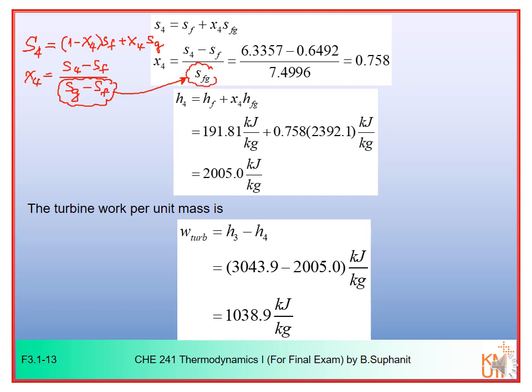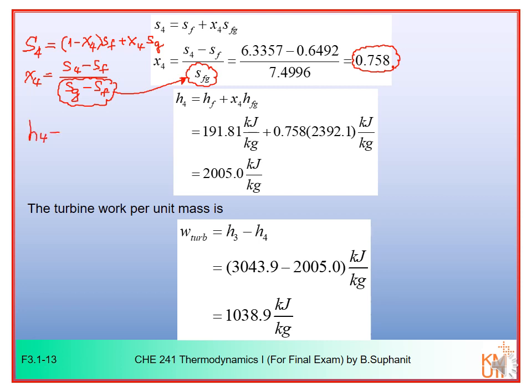So at point 4 here, once you substitute the entropy value at point number 4, the entropy value of the sat liquid and the entropy value of the sat vapor, you have the vapor fraction of 0.758. You can then use the same concept to determine the enthalpy of the mixture.